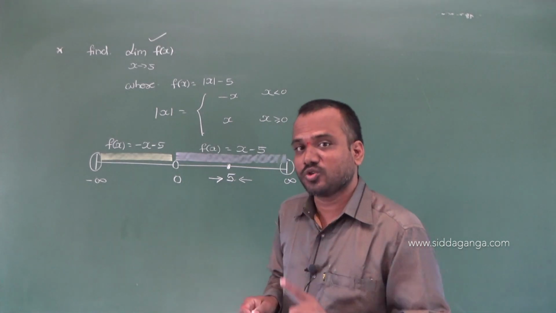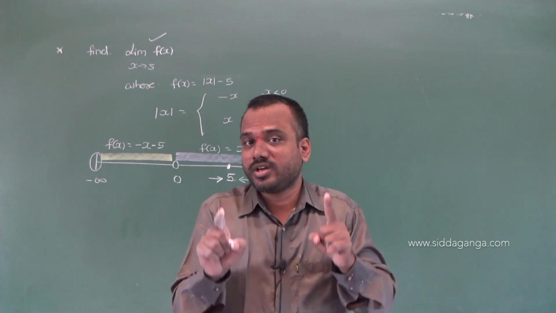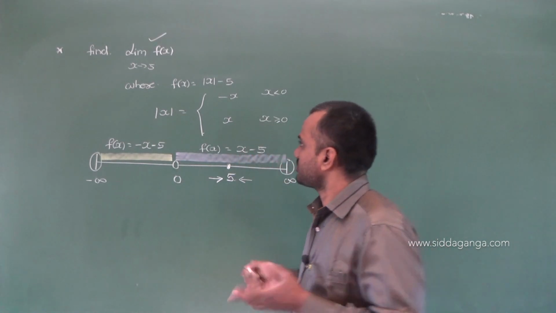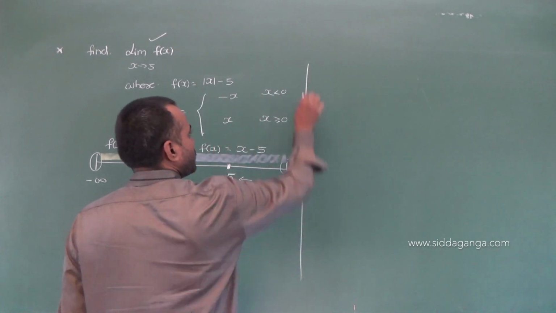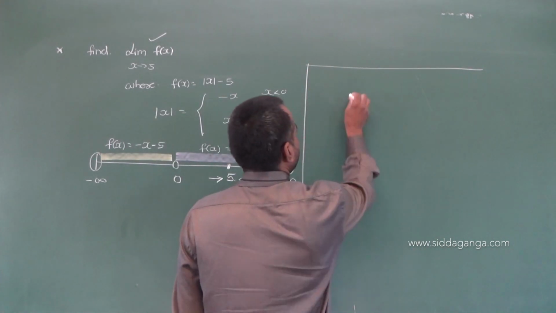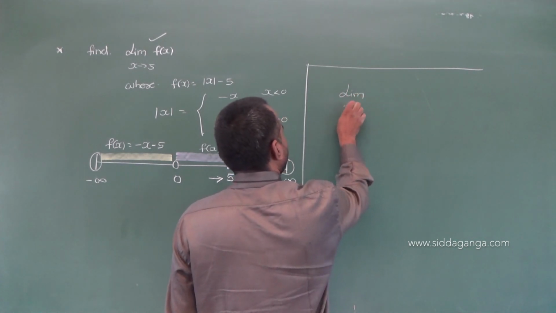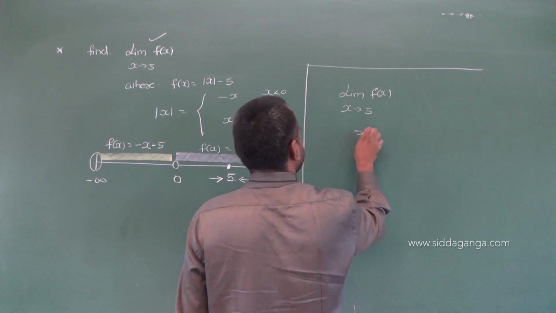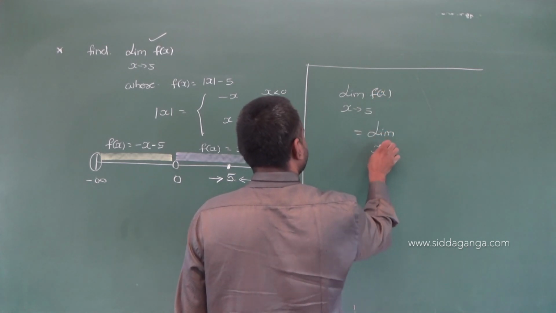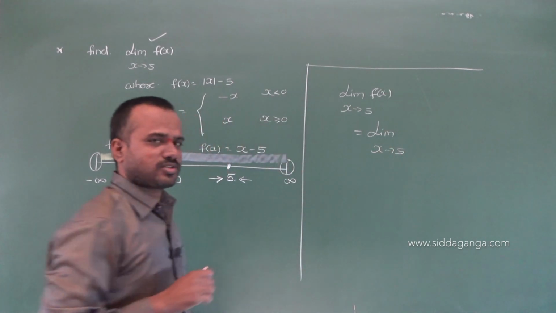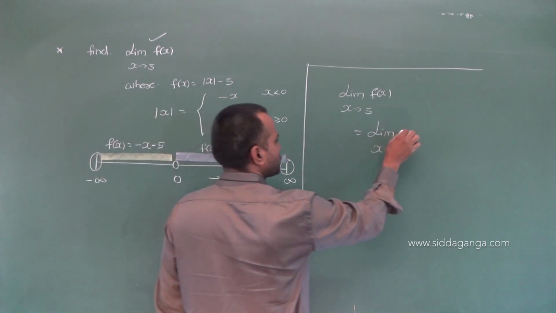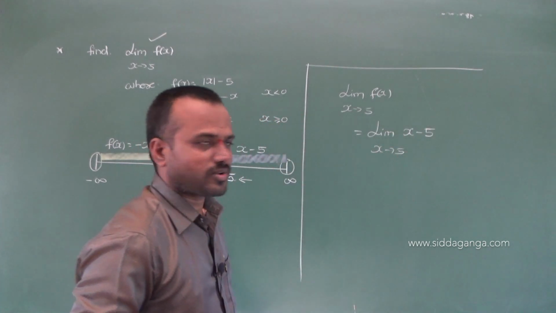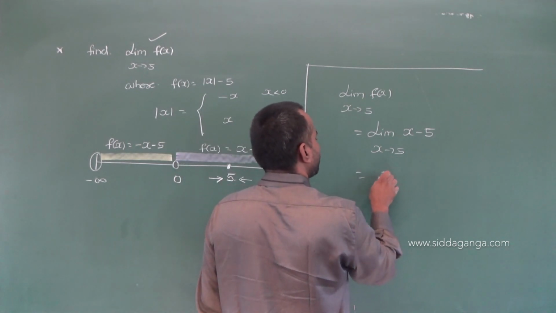So the conclusion: no need to find left hand limit and right hand limit separately, because the function is the same, we simply find the limit value. Limit x tends to 5 of f of x is equal to limit x tends to 5 of x minus 5, so 5 minus 5.